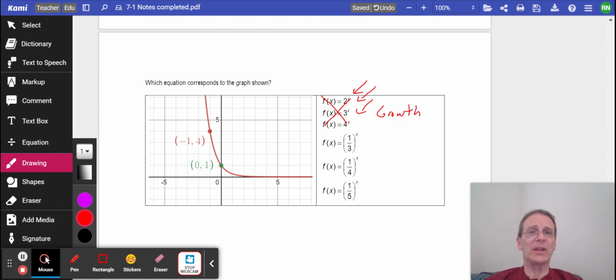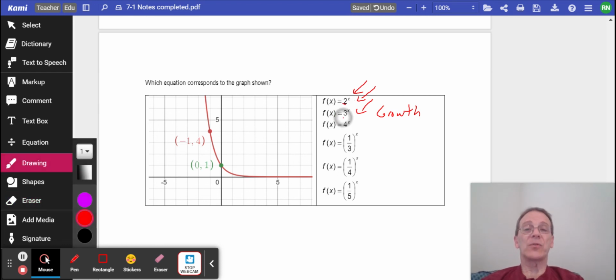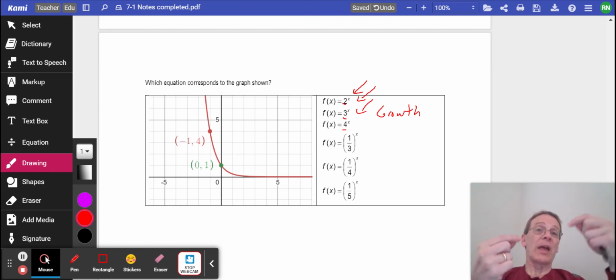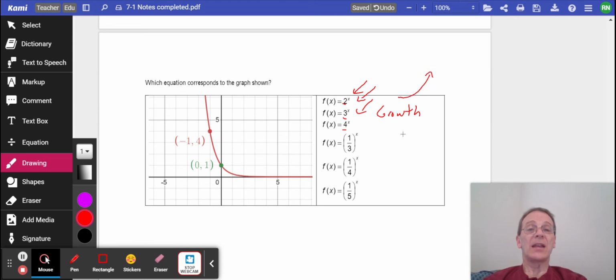But hopefully, without even graphing these, you would know that because these b values, the 2, the 3, and the 4, are all bigger than 1, y values keep getting multiplied by a number like 2 or 3 or 4, which is going to make the y values bigger and bigger all the time. Growth functions go up from left to right, and decay functions go down from left to right.